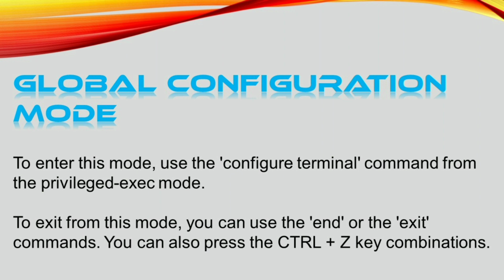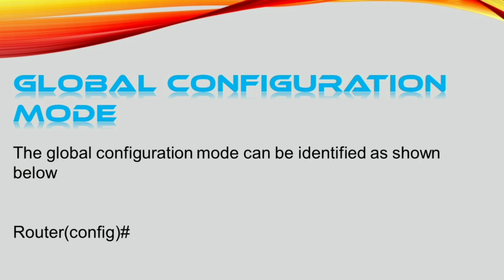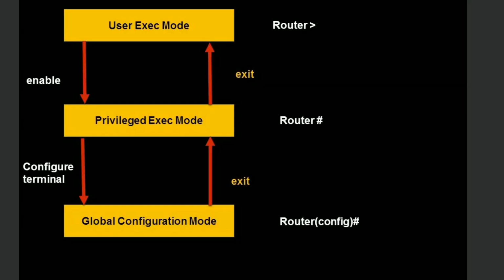To exit from this mode, you can use the end or the exit commands. You can also press the Ctrl plus Z key combination from the keyboard. The global configuration mode can be identified as shown below, router config hash. The following diagram shows how to navigate between the user execution mode, privilege execution mode, and the global configuration mode.